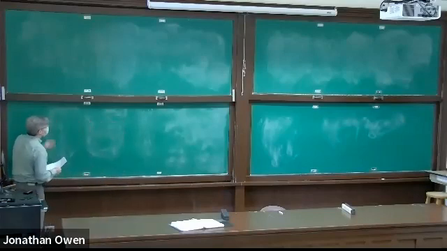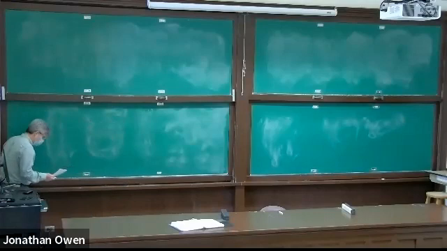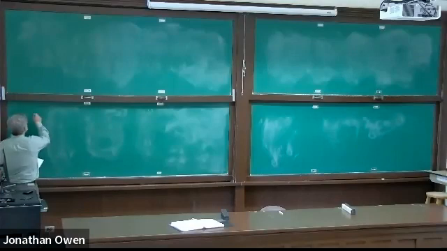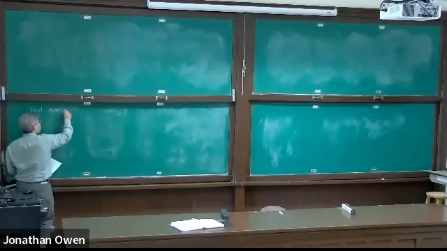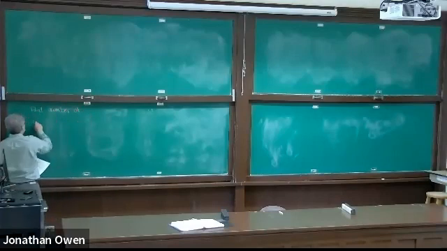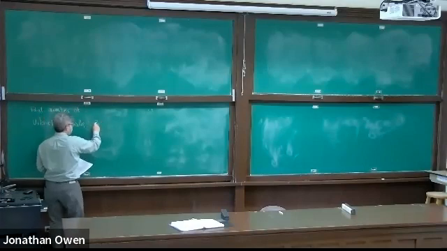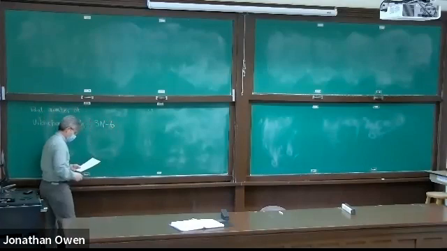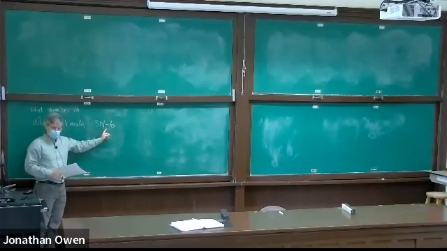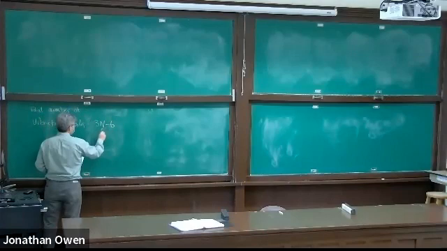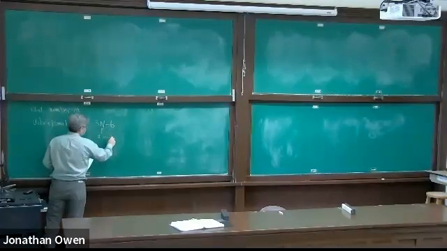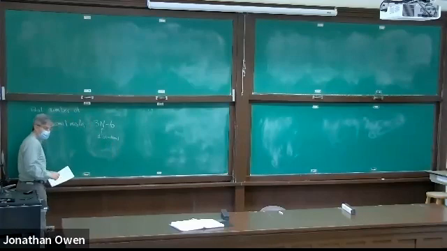So in a molecule, any given molecule, you get a number of vibrational modes that are possible. That's defined by the number of atoms. It's 3n minus 6, where n is the number of atoms, unless the molecule is linear.